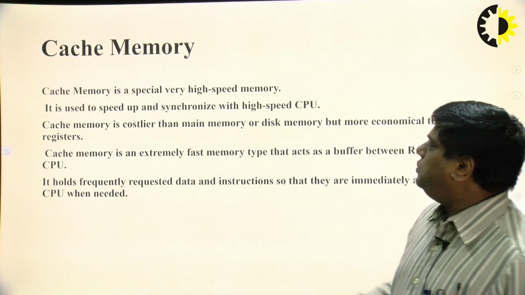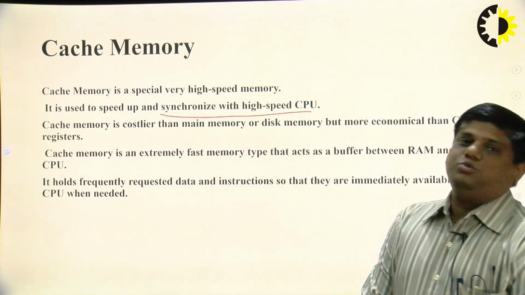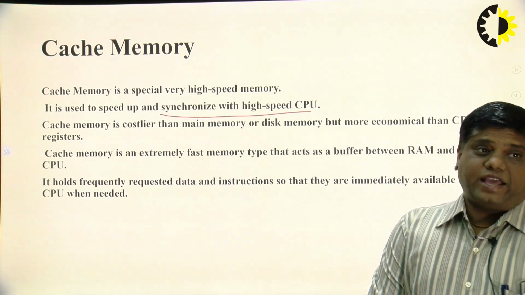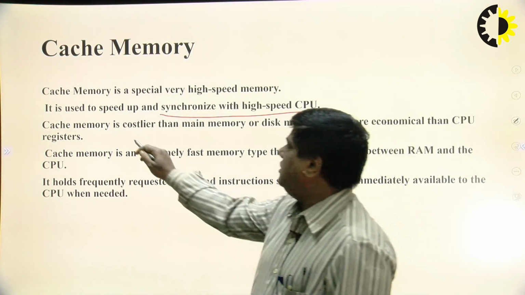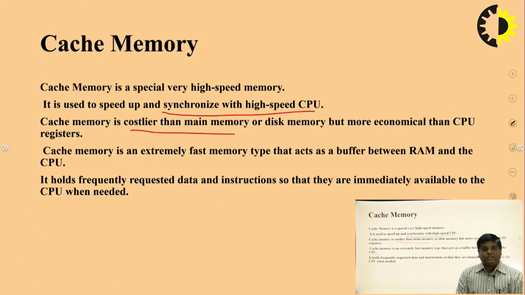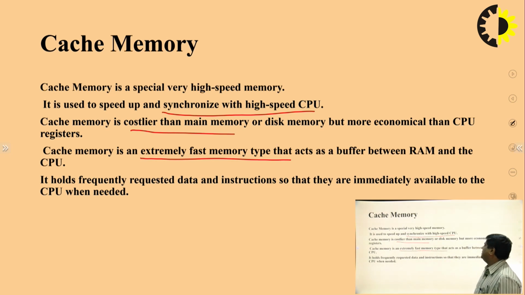It is mainly used to increase speed. Cache memory is very costly compared to other memory, so the size of the cache is very small. It is extremely fast memory, so its importance is very high.